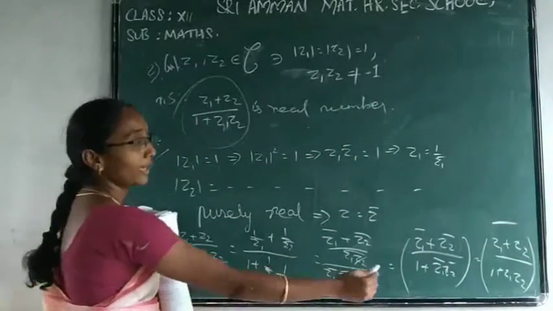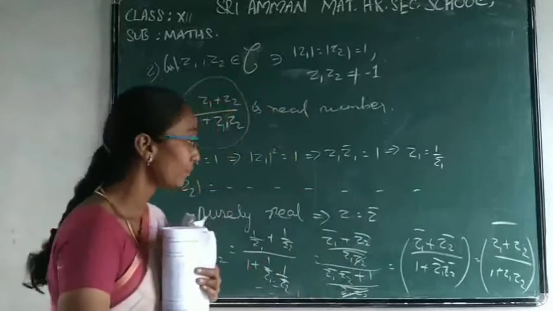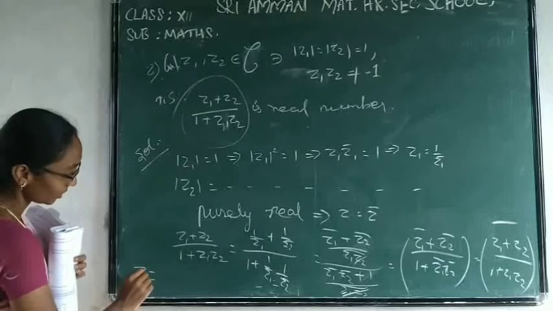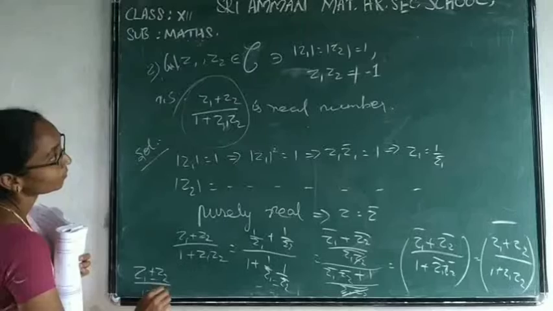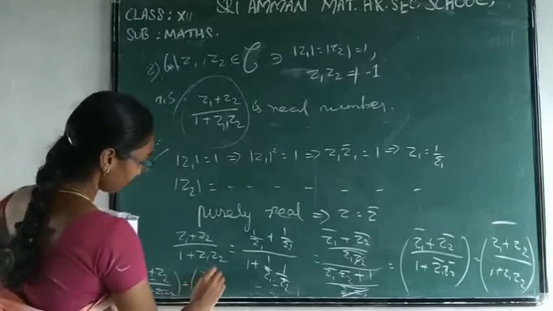I give the hint only to do this sum. This is the second question. So z equal to z1 plus z2 divided by 1 plus z1 z2 equals the whole bar.